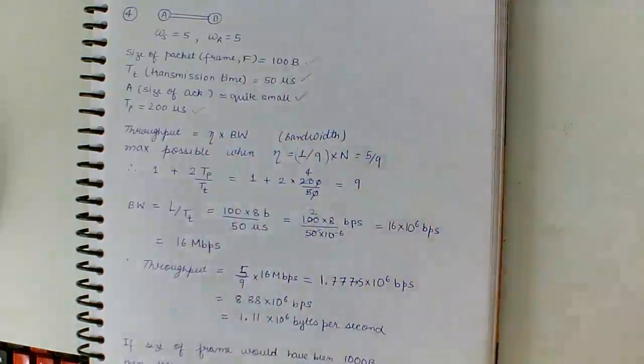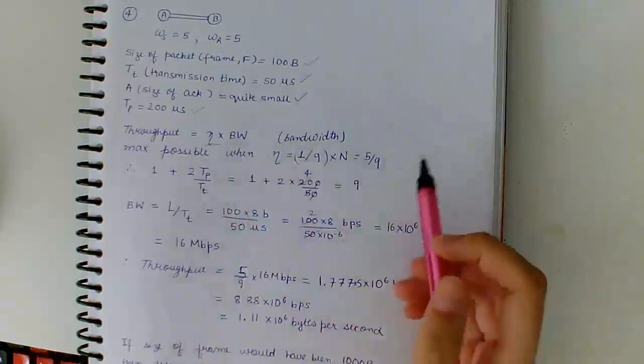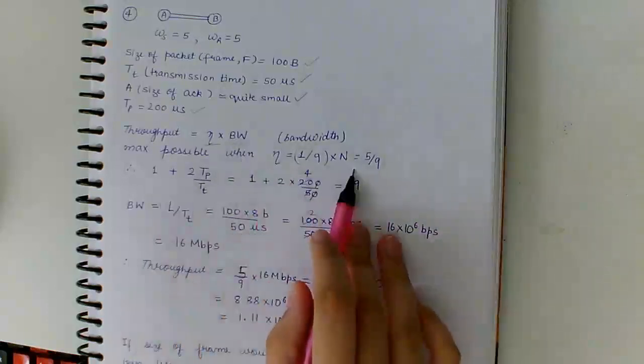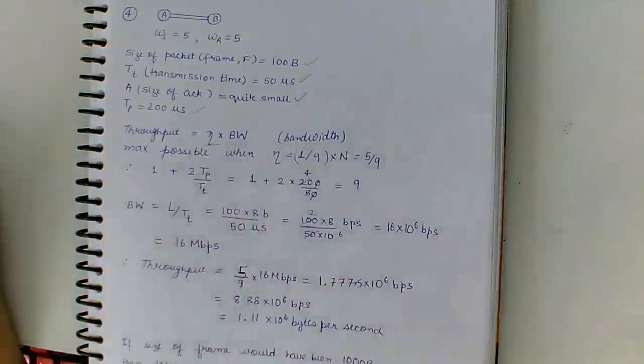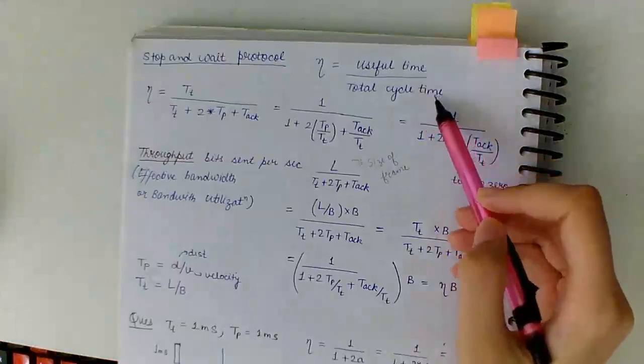What is the maximum achievable throughput in this communication? So the formula for throughput is efficiency into bandwidth. So we calculate the maximum possible efficiency using this formula.